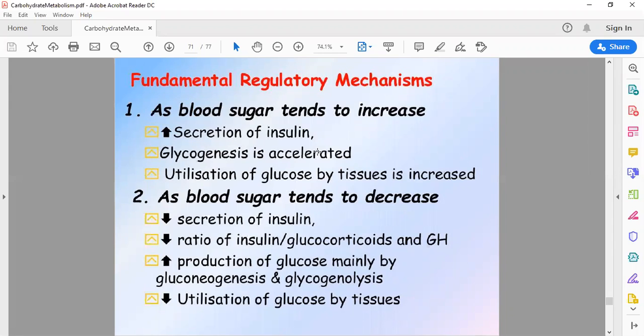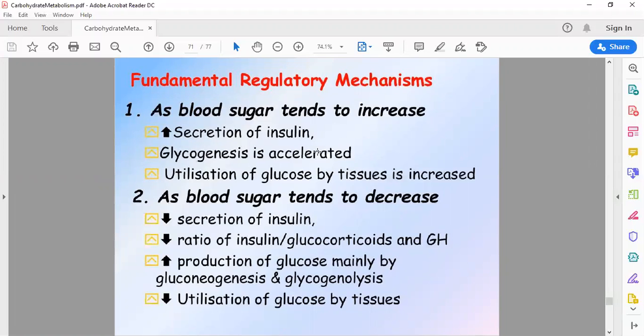The important questions asked on this topic are: describe the HMP shunt pathway and give the significance of HMP shunt. When asked about the significance of HMP shunt, the student must write the importance of pentoses and the importance of NADPH. Two major questions can be asked.